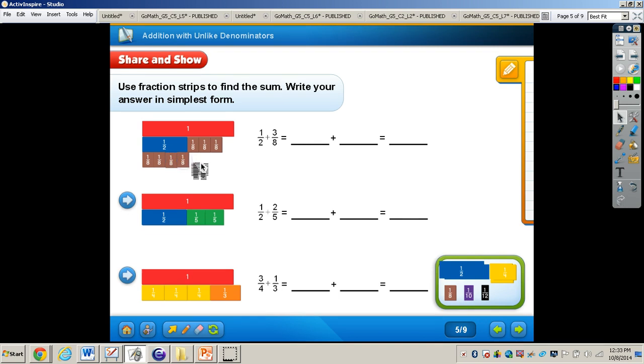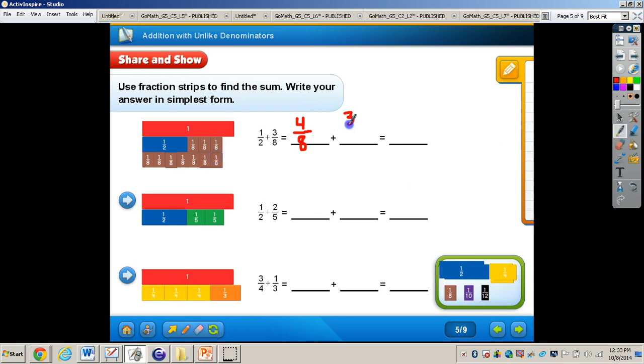Okay, so I see that my 1/2 equals 4/8. And then obviously my 3/8, I'll line these up underneath here still so I can see what it looks like. 1, 2, 3. So obviously my 3/8 equals 3/8.